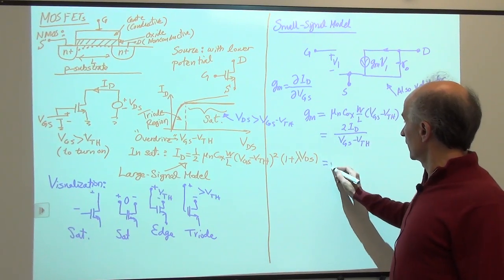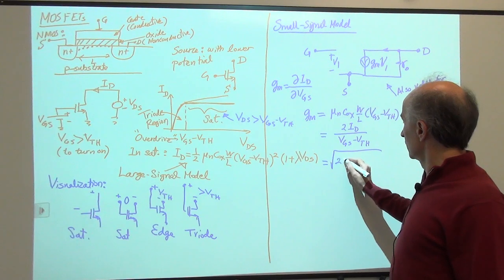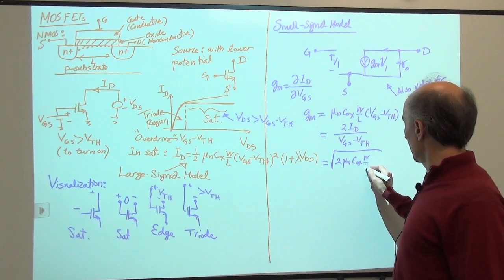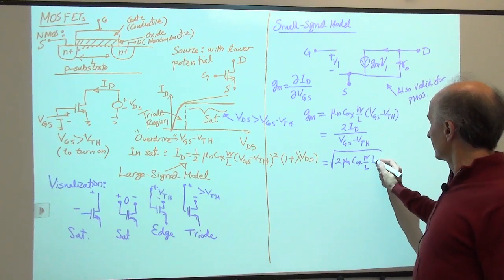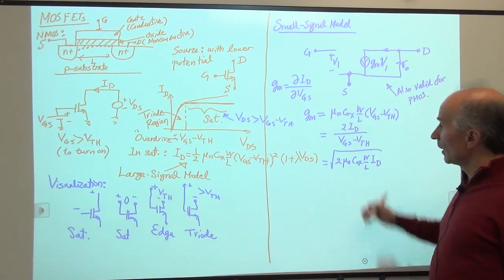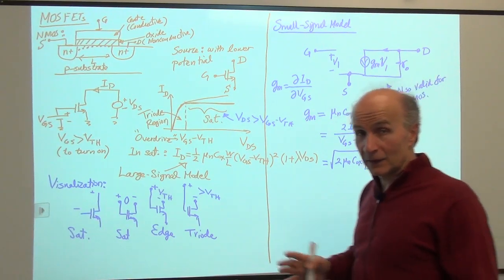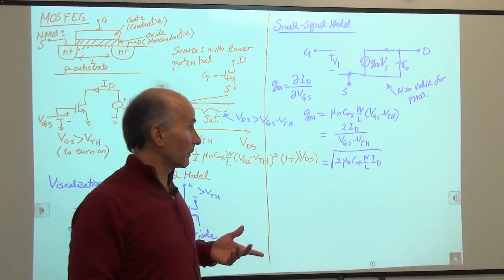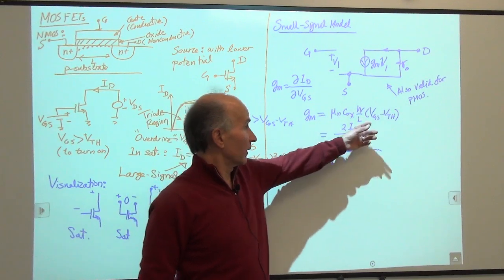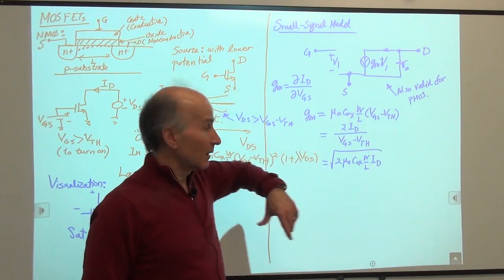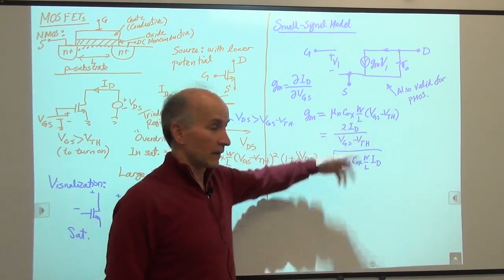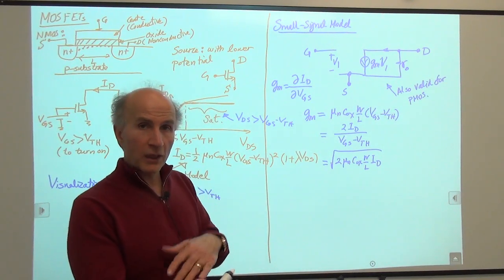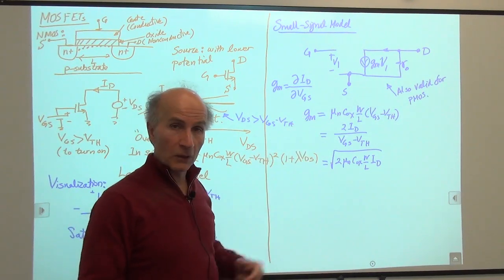And the third one is the square root of 2 mu n Cox W over L times ID. All these 3 equations are useful, and they depend on what we're trying to do. So sometimes we use this one, for example, if VGS is changing. Sometimes we use this one, for example, if ID is changing, etc. So depending on what we are keeping constant, what we are changing, one of these might be useful.